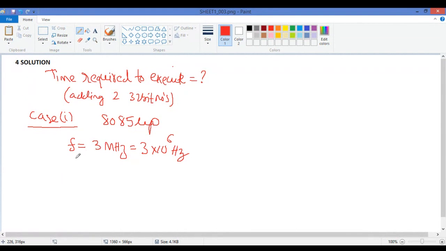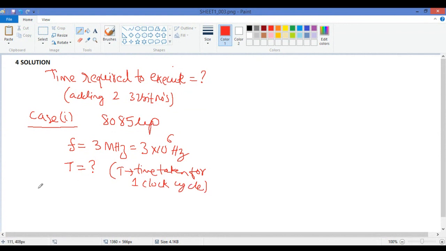Now what you have to do is find out the time required to execute this instruction. For that you first need to know what is this T. T is the time period, that is, the time taken for one clock cycle.